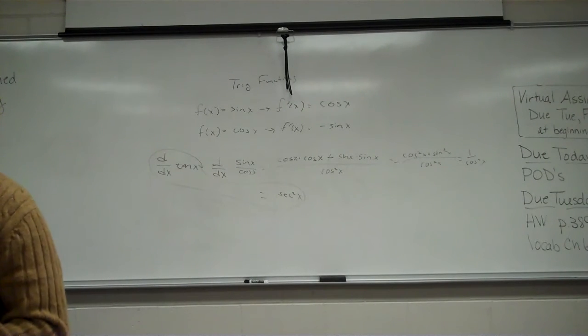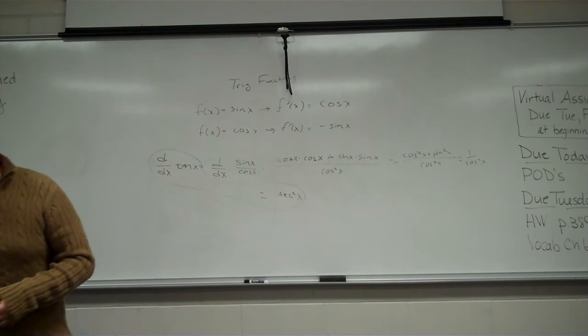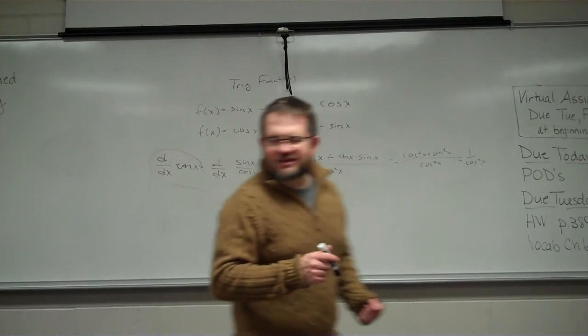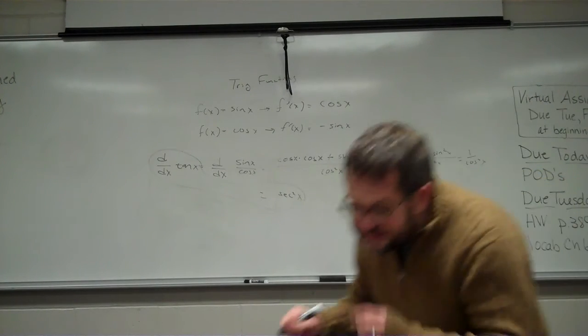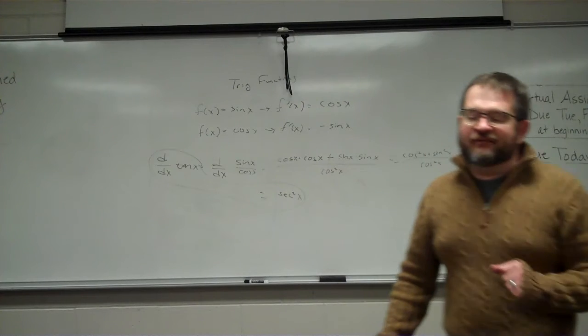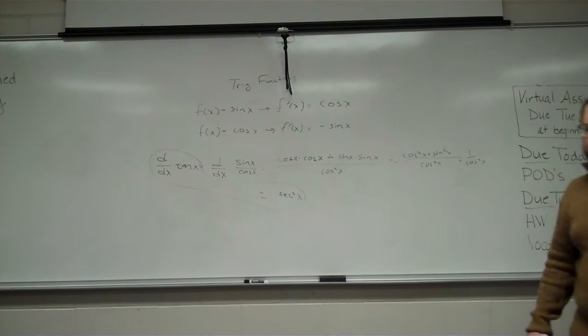Okay? I think the ones that are deriving sine and cosine are way harder. That's why we're not doing them. So anyway, they're on page 281. You have all 6 of the rules there.